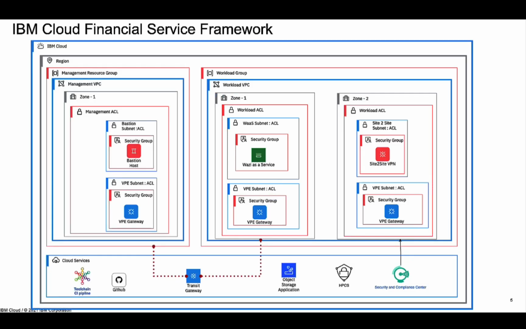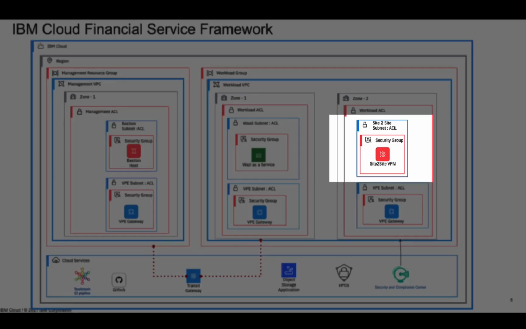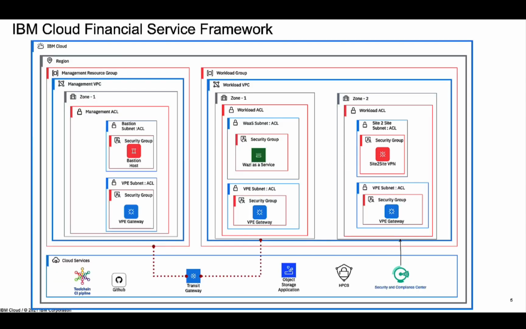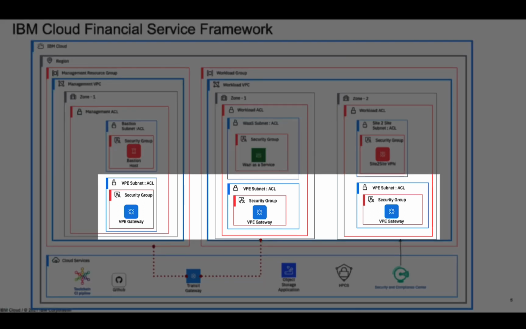You can connect to WASI instance to your on-prem systems using site-to-site VPN securely, or else you can also connect through direct link based on the bandwidth requirements. VPE gateways will connect the workloads to IBM Cloud services through private endpoints securely.